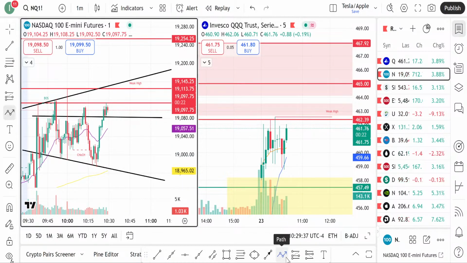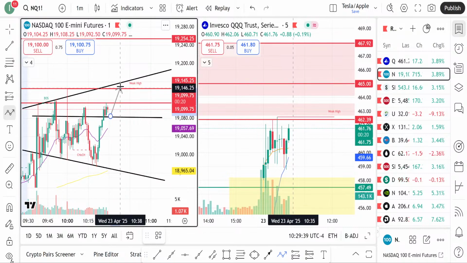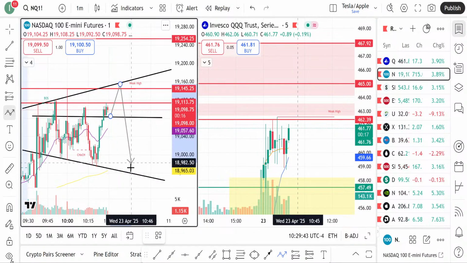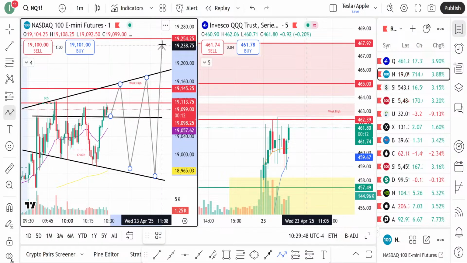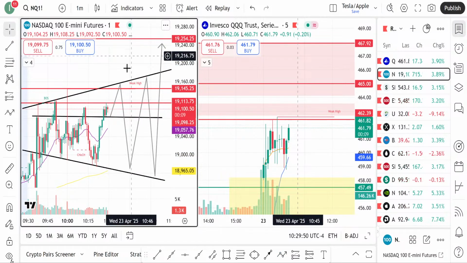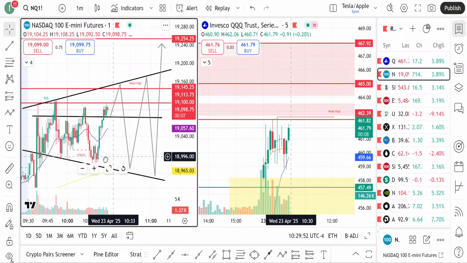What could happen here is the market could go up, hit this level of resistance here, come back to support, back up to resistance, back to support, and eventually it'll break out. So that's a possibility there as well.